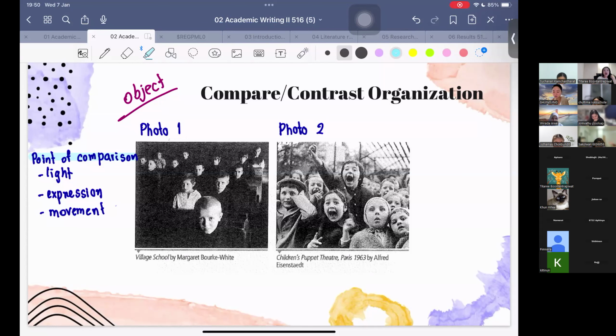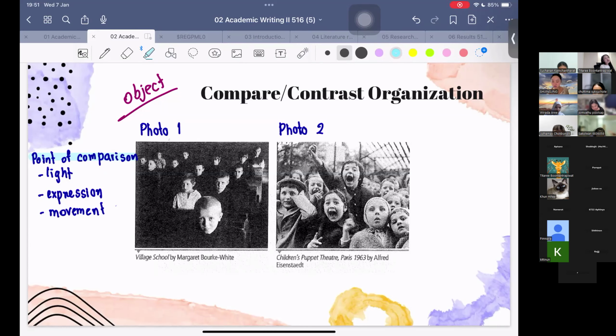And again, before you start writing your proper essay, think about the answer first. With compare and contrast, I came up with this phrase, the points of comparison. You need to think about what points you're going to choose to compare and contrast. So let's assume, based on this picture, I'm going to compare the two pictures in terms of light, the light in photo 1 and the light in photo 2.